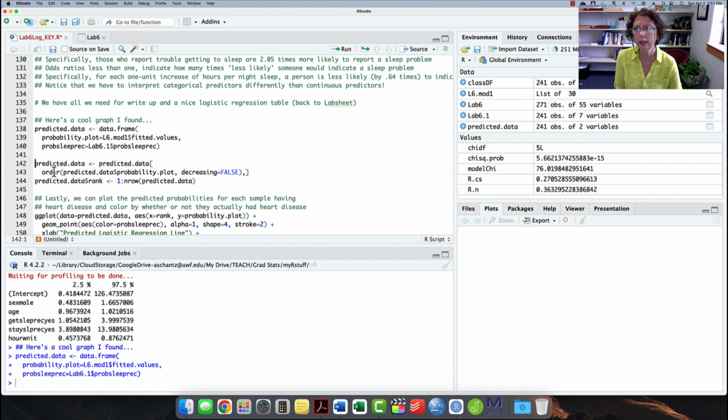Next, I'm going to order the data in ascending order, so decreasing is false means I'm going to go from the lowest to the highest, right?